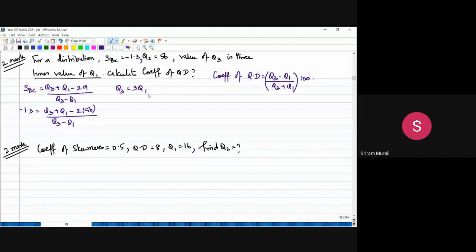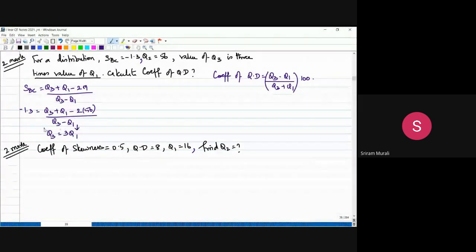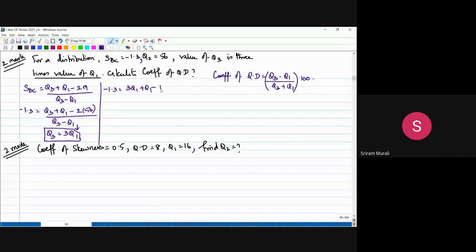So I should substitute Q3 here. Minus 1.3 is equal to 3 times Q1 plus Q1 minus 112, divided by 3 times Q1 minus Q1. I hope you have understood.